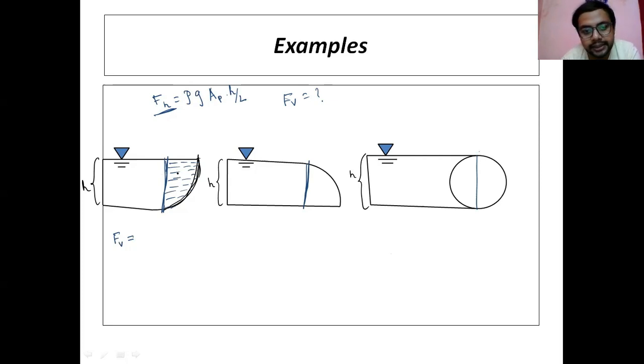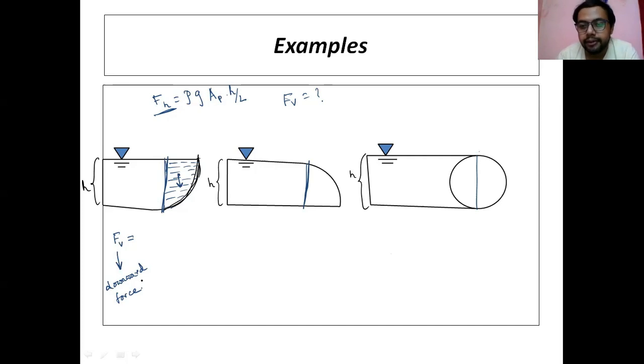And in this case the weight acts vertically downwards. The force is a downward force in this case.